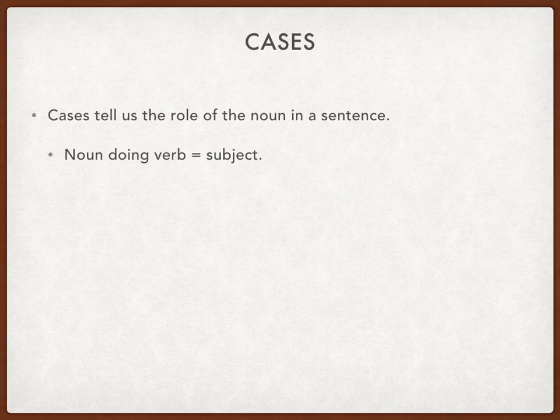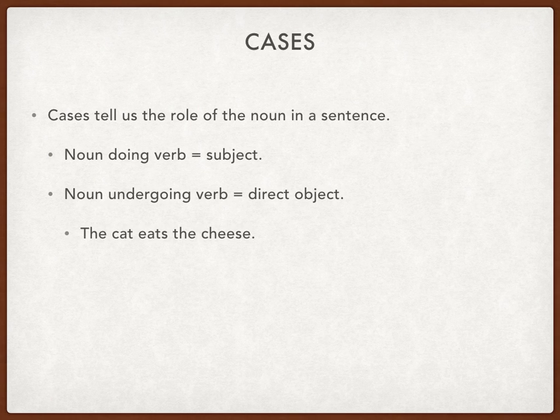You might already know that a noun which does a verb is known as the subject. It's the subject of the sentence. It's the noun which is performing the action of the verb. The opposite of that is the noun undergoing the verb, which is called the direct object. So in this sentence here, the cat eats the cheese.